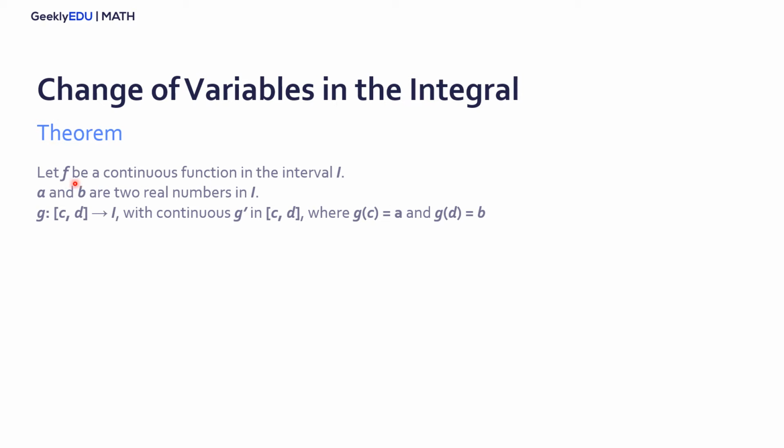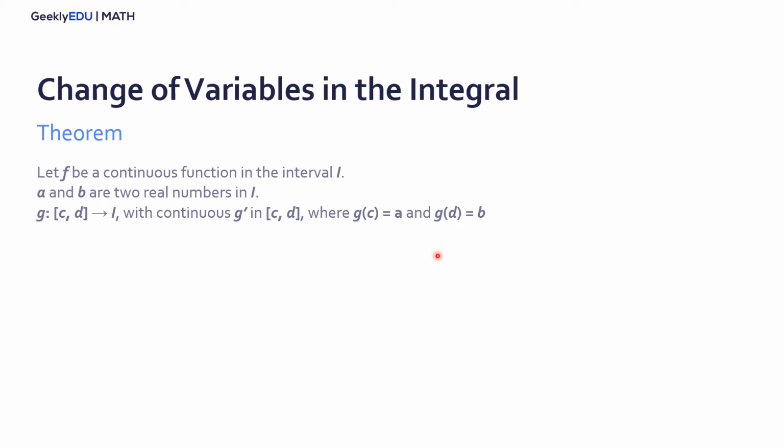We have a certain function f that's continuous in a certain interval I, and two real numbers inside this interval I. And we also have another function, g, whose values at two other limits, c and d, are also in this interval, and g is continuous, and the first derivative of g in this interval cd is also continuous.